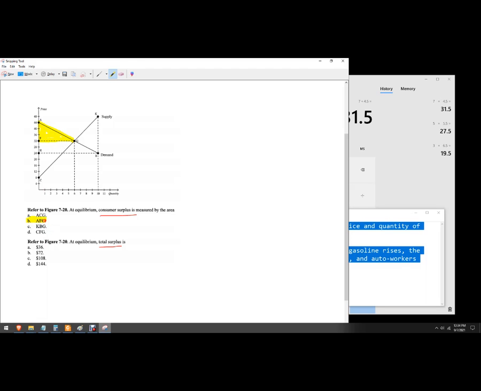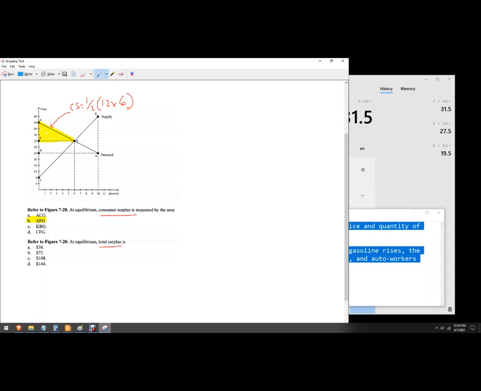Now we have numbers, so we can actually do this with the numbers here. So it's a linear triangle. So consumer surplus is just going to be 1/2 or 0.5. They're the same thing. The distance here, so that's 12 times 6.